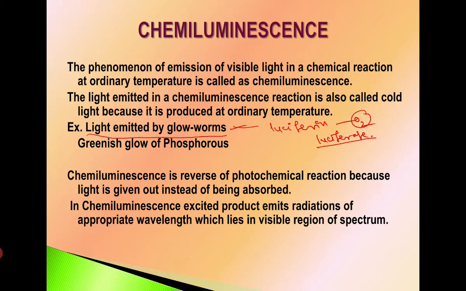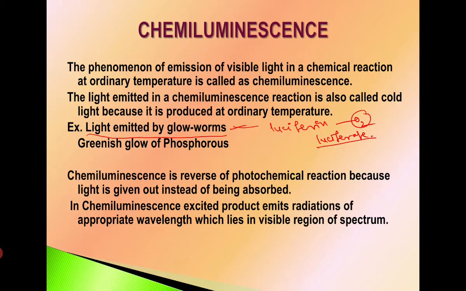Due to this they emit radiations, and we call the process chemiluminescence. That is, if visible light or a glow is seen in a chemical reaction at ordinary temperatures, it is called chemiluminescence.